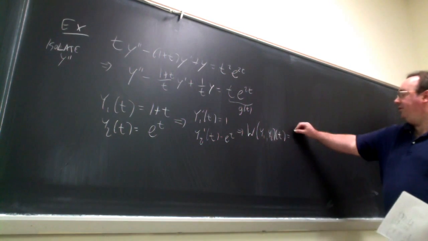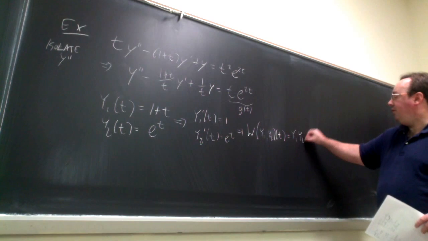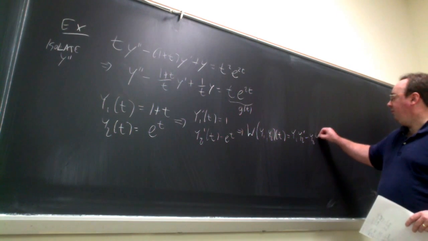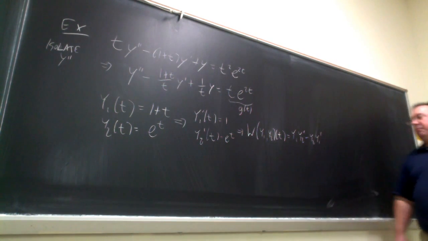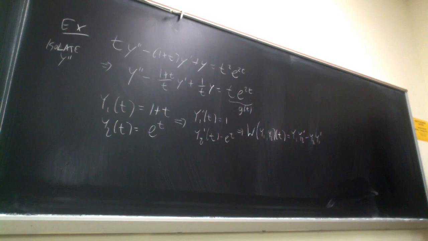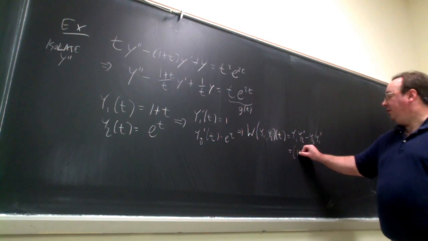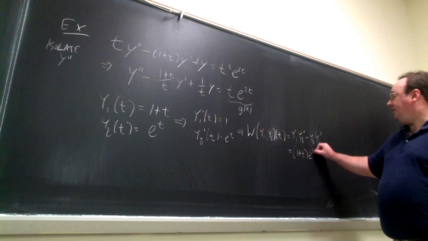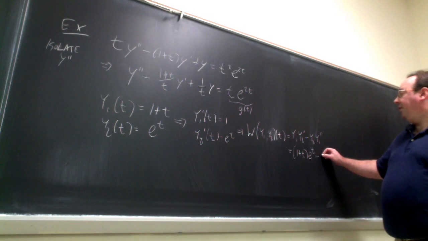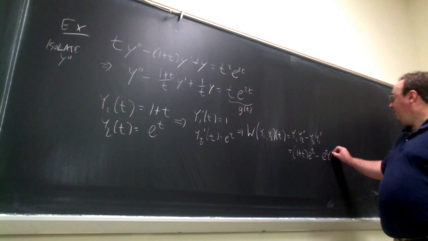Okay, so that is y1 y2 prime minus y2 y1 prime. Go ahead and fill all that in. So we have 1 plus t times e to the t minus y2, e to the t, times 1.